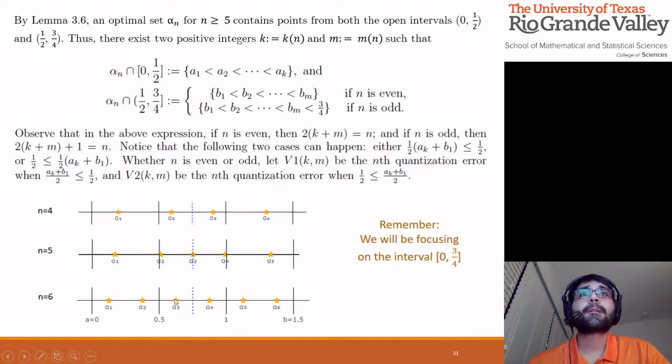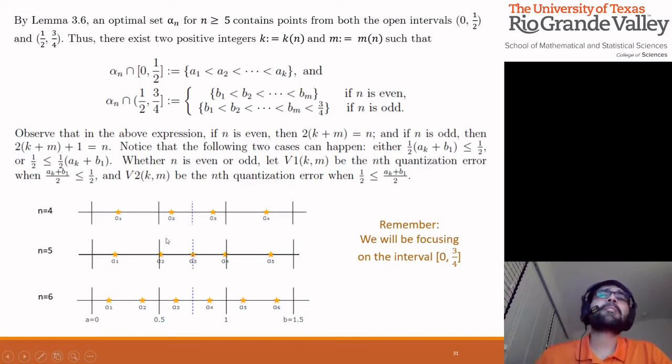This in fact is b1. If n is odd, consider here n equals 5. Well, we have a quantizer at 3/4, and we have a b1. So b1 will be the first quantizer appearing in the interval 0.5 to 3/4. bm will be the last quantizer in the interval 0.5 to 3/4.